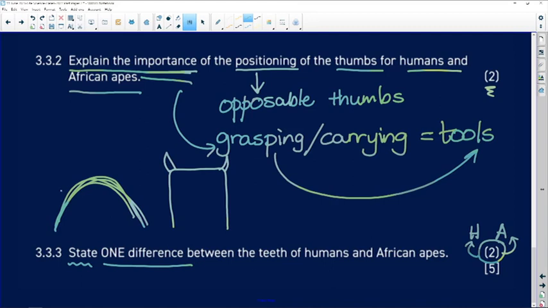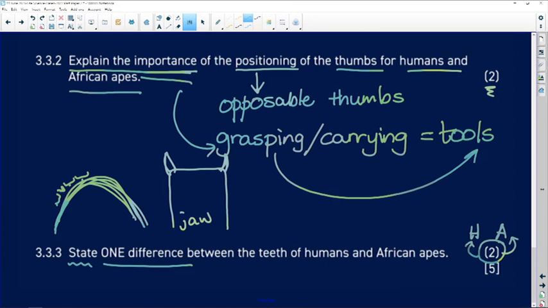Our canines are slightly larger than the other teeth, the incisors around them. So we've got a difference in the shape of the jaw. We've got large canine teeth as opposed to canine teeth that are a similar length to our other teeth.